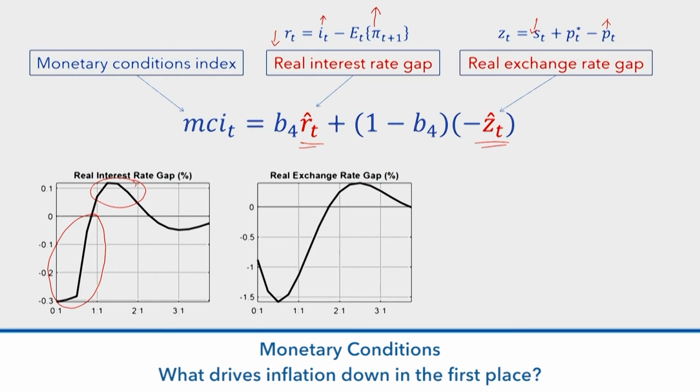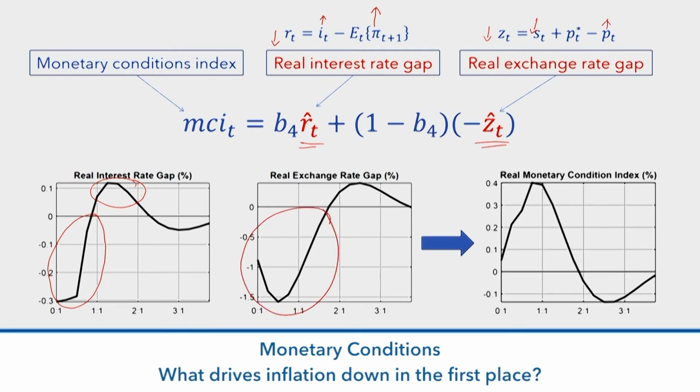As a result, the real exchange rate gap becomes markedly negative, which indicates an overvalued domestic currency. In fact, it becomes so negative that the combined real monetary conditions index signals an unambiguously tight monetary stance, which helps bring inflation down. How?